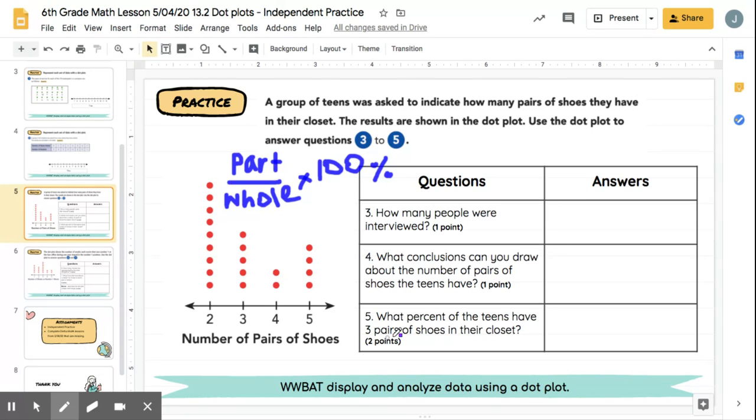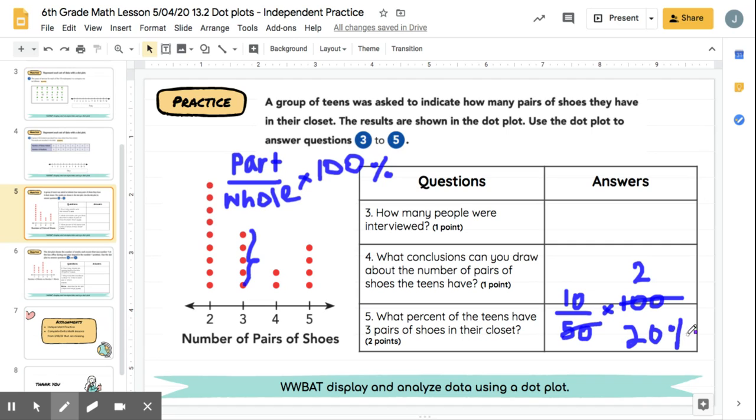Let's say there are 10 teens that have 3 pairs of shoes, and the total people that we interviewed was 50 people. So you're going to put the part, which is 10, the number of teens that have 3 pairs of shoes, over 50, which is the total, times 100%. Obviously, you have to use the number you can count here, not this number. And the answer would be 100 divided by 50, you get 2. 2 times 10 equals 20%.